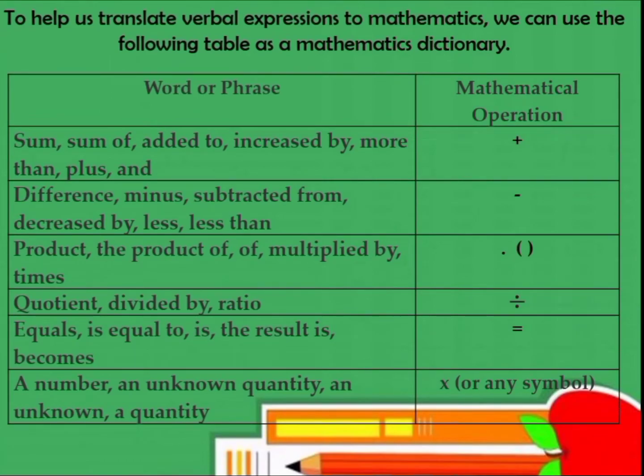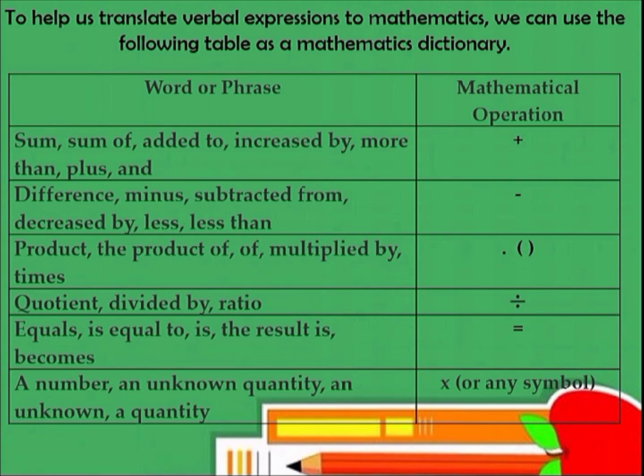To help us translate verbal expressions to mathematics, we can use the following table as a mathematics dictionary. So this will be our guide for translating verbal expressions to mathematic expressions and vice versa. So always note the following. If the mathematical operation is addition, the word or phrase should be sum of, added to, increased by, more than, plus, and.